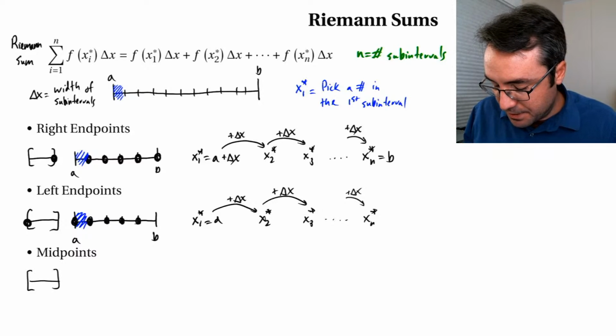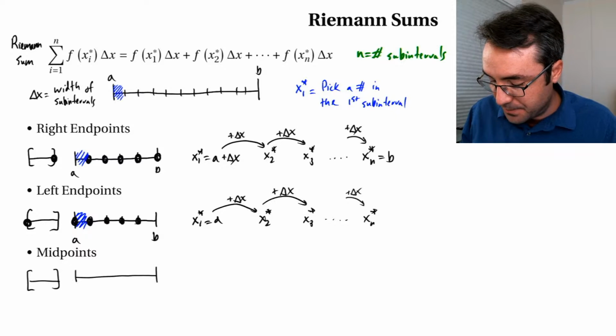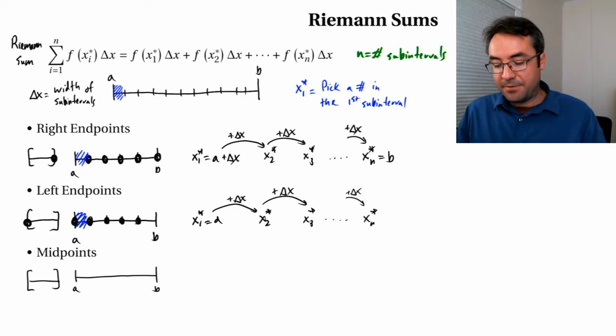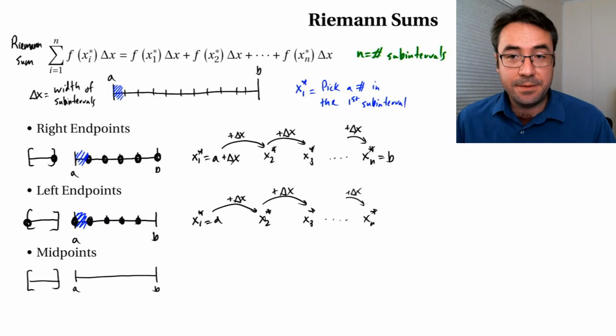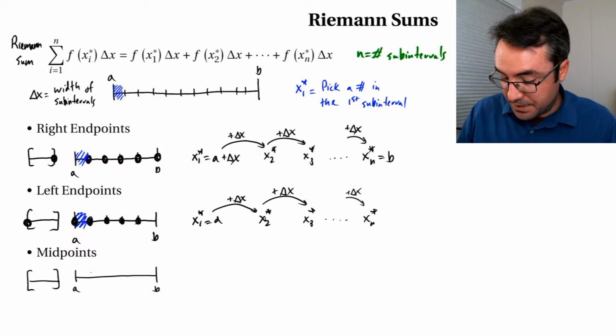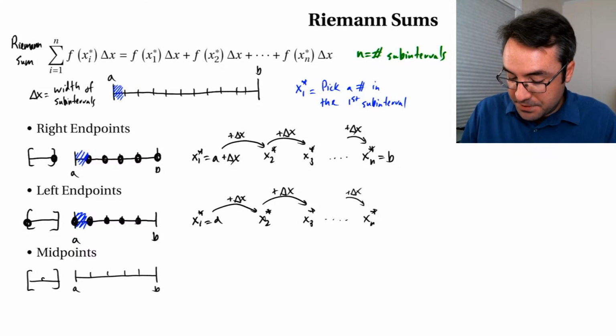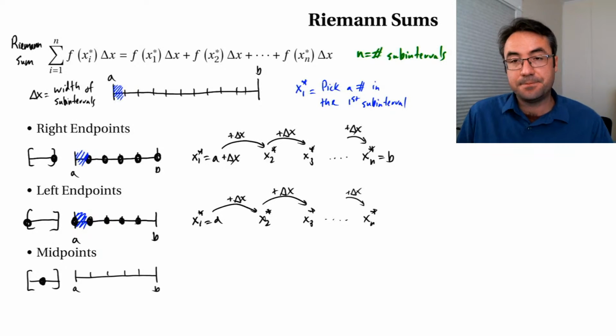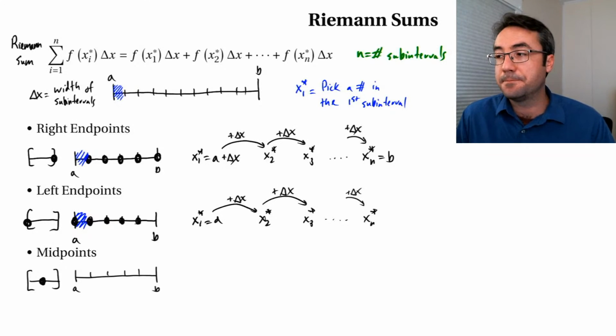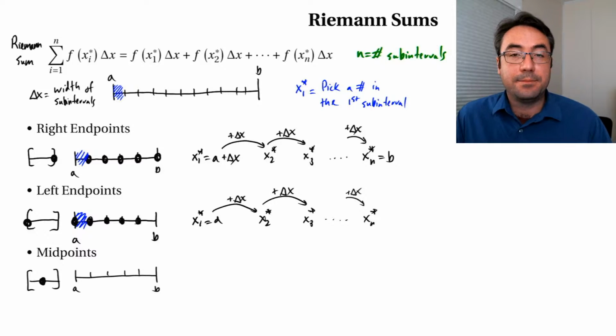And then the last one we sometimes use, and this one tends to give us the best estimate, is midpoints. So let's say we have our interval from A to B. We slice this up. And for midpoints, we pick the halfway point, halfway in between the left and the right.